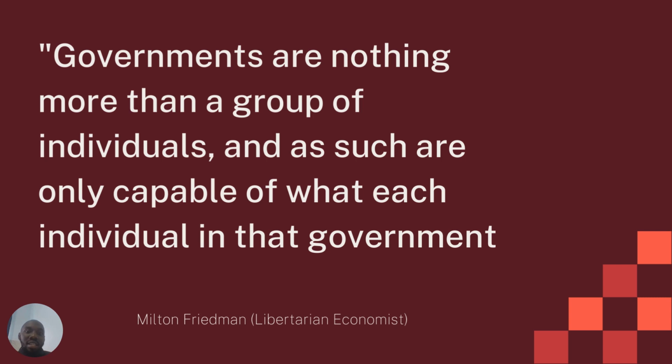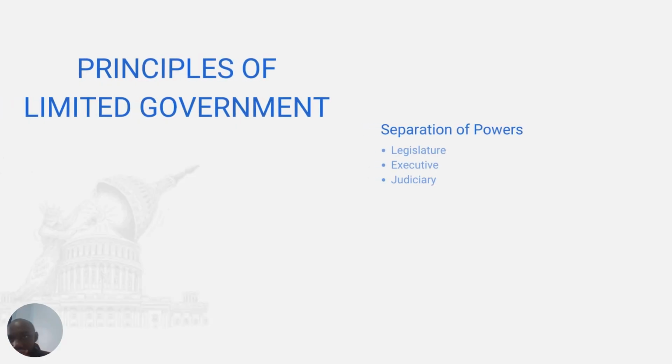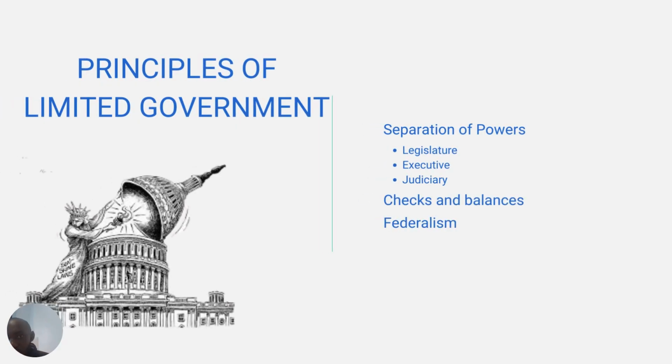So at the end of the day, it is nothing more than a group of individuals, as Milton Friedman says. And when you're looking at the principles of limited government, we want to look at how these principles prevent government tyranny, and why it is important to maintain a balance of power within government.